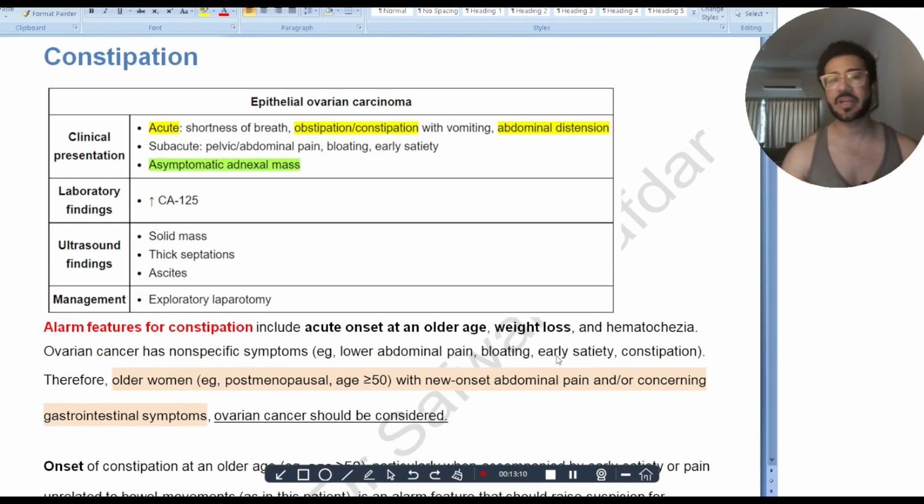Like for example, if the patient has constipation that is sudden in onset, has positive occult blood, and has been experiencing weight loss, you're gonna order a colonoscopy.